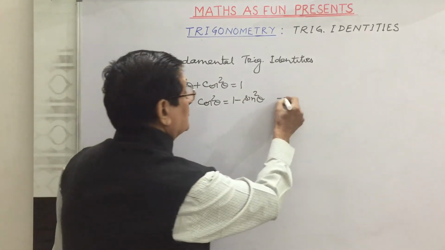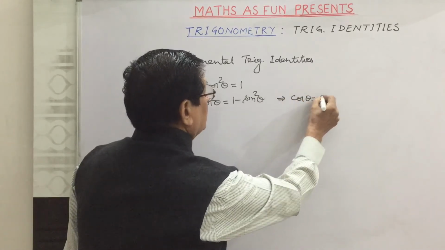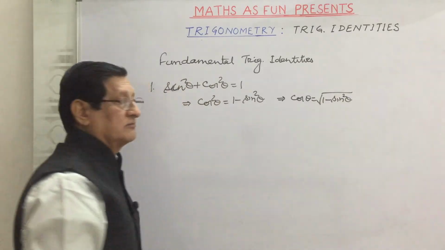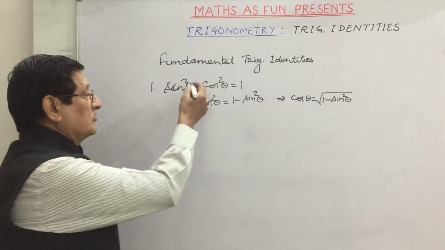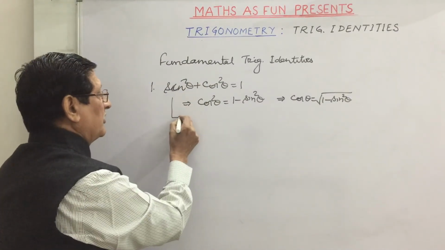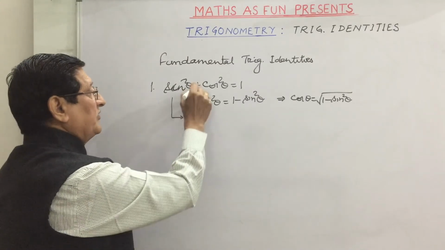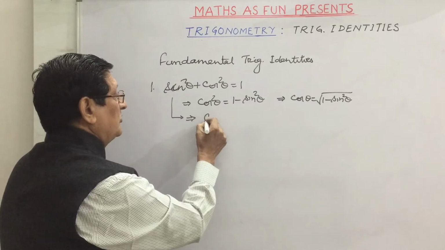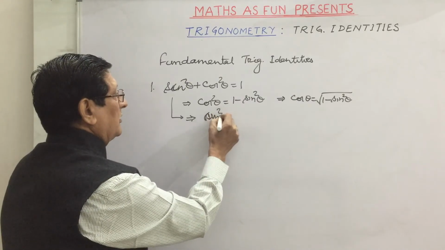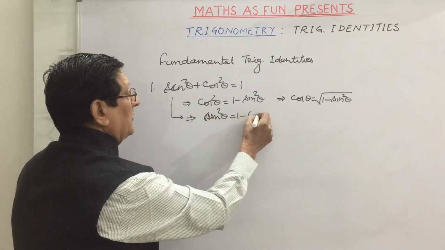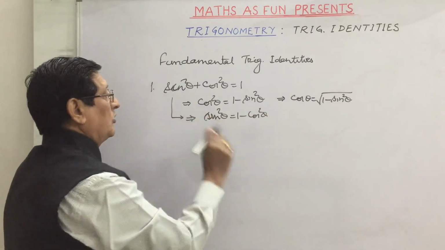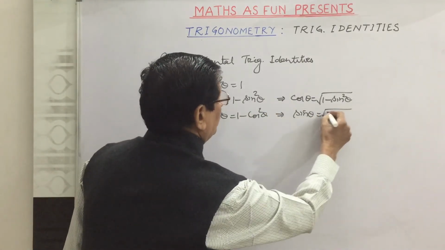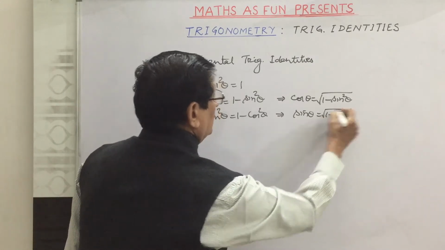It means we can also say that cos theta is equal to root of 1 minus sine square theta. And also we can have one more relation from here. If we transpose cos square theta this time, then this will give you sine square theta is equal to 1 minus cos square theta, or you can say that sine theta is equal to root of 1 minus cos square theta.